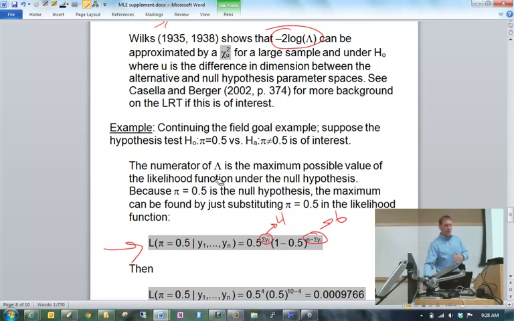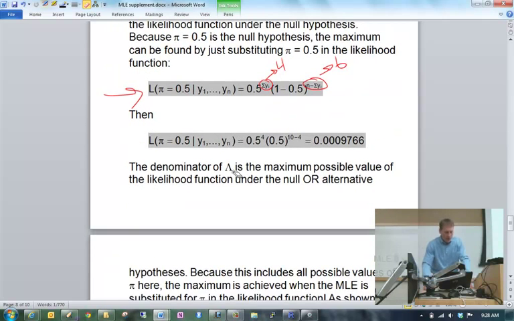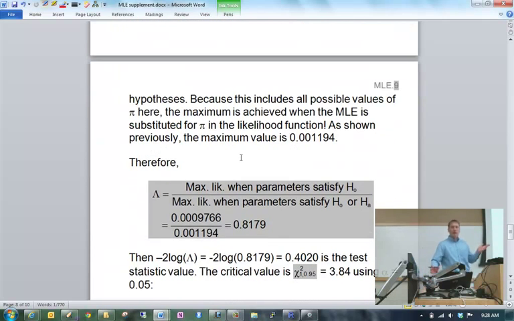So what's the maximum possible value of my likelihood function? Well, it comes about through plugging the maximum likelihood estimate that we saw last time into my likelihood function. Because we've already found that maximum possible value, and it was 0.001194. So I simply put both of these values in there, and I get 0.8179.